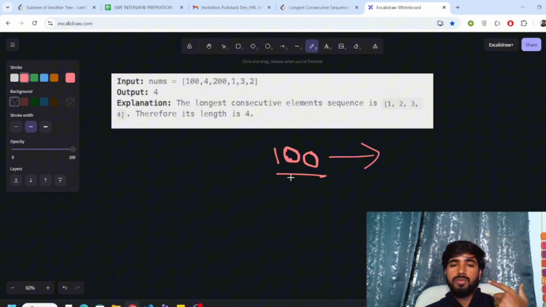Now the interesting thing, which I'm sure might be confusing, is how will I be able to calculate this answer? Because as I said, we moved on from the 4. How do we know that this 4 will come into the actual answer later on? Well, we can say this for sure because we first checked that 4 minus 1, 3, exists in this nums list, or the hash table or set that we made from this list.